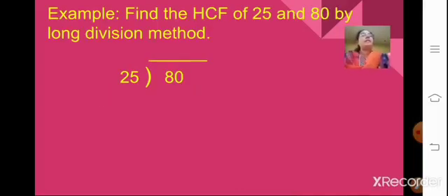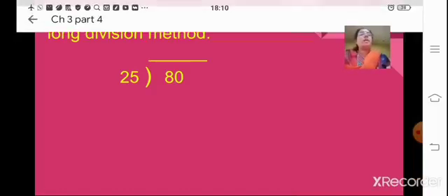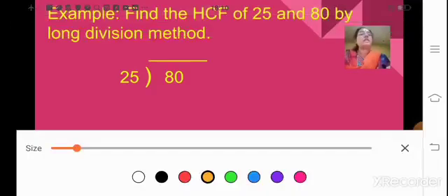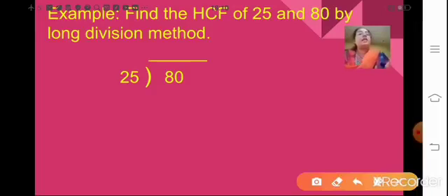One example, that is, find the HCF of 25 and 80 by long division method. Now here the numbers you have given are 25 and 80. Now 80 will become your dividend and 25 will become your divisor. You have to divide it. Now 25 3s is 75.